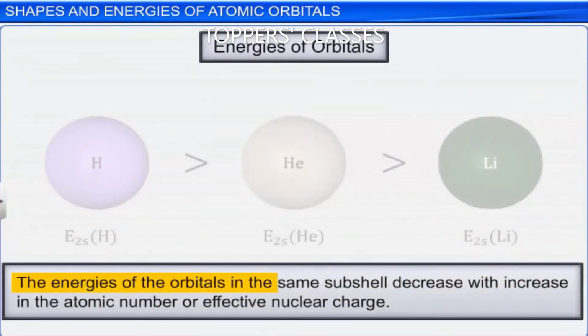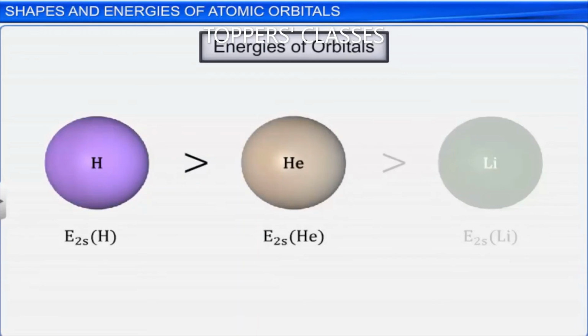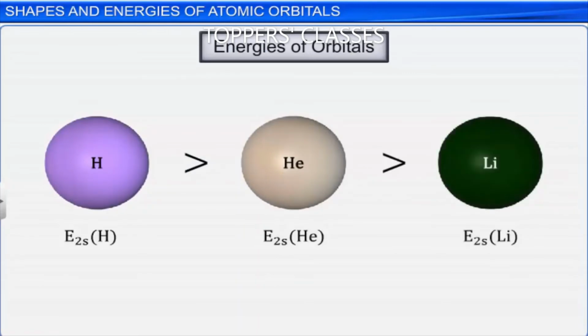For example, energy of 2s orbital of hydrogen atom is greater than that of 2s orbital of helium, and that of helium is greater than that of lithium, and so on. That is, E2s H greater than E2s He greater than E2s Li.